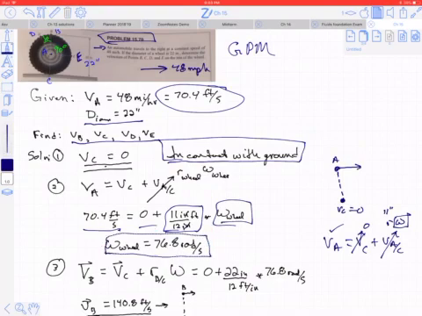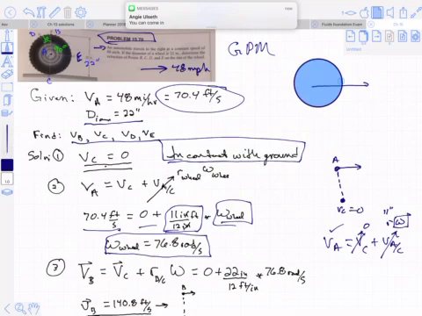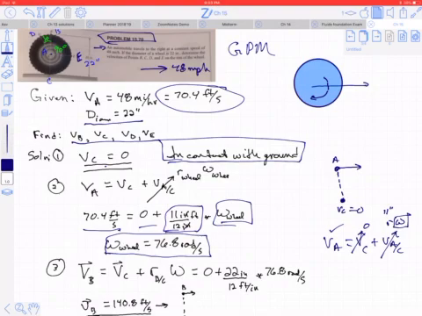And if the wheel is moving this way, the tire is rotating that way. And if the tire is rotating that way, we get a clockwise angular velocity.